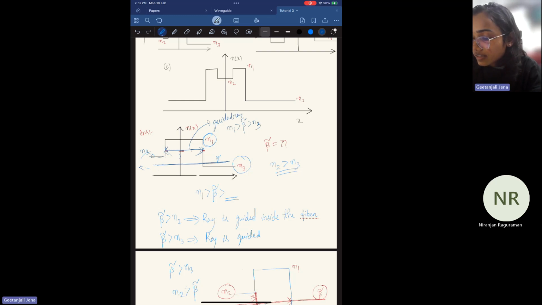But if you see this region, the cladding region here, N2 is greater than beta tilde. So that means there is also a guided ray in the cladding region. This we don't want, because it means some part of the guided ray energy will be leaked to the cladding region.